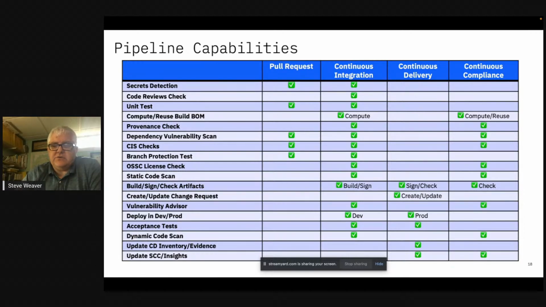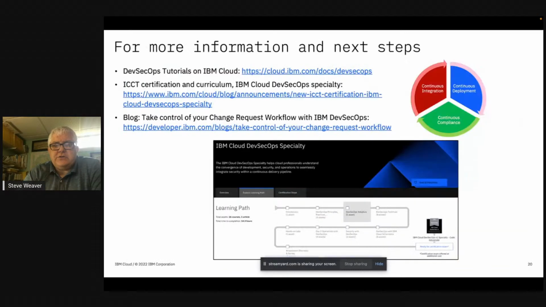So hopefully in these two parts, these two sessions, you've been able to get a good feel for everything that we do. For more information and to dive a little deeper into some of these concepts, we have a number of tutorials available in our IBM Cloud documentation at the link you see here.